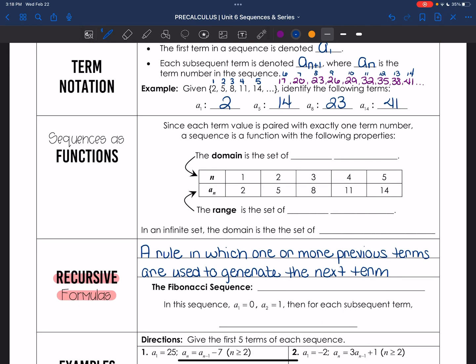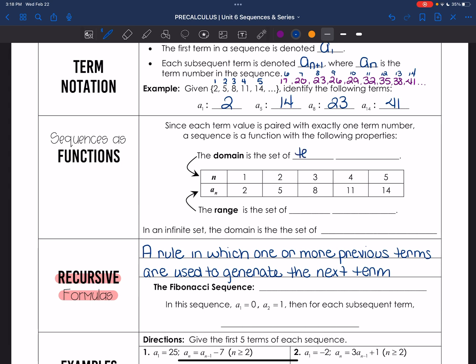So since each term's value, like we just saw above, is paired with exactly one number, a sequence is actually a type of function with the following properties. The domain of the set is the term numbers, or their position.